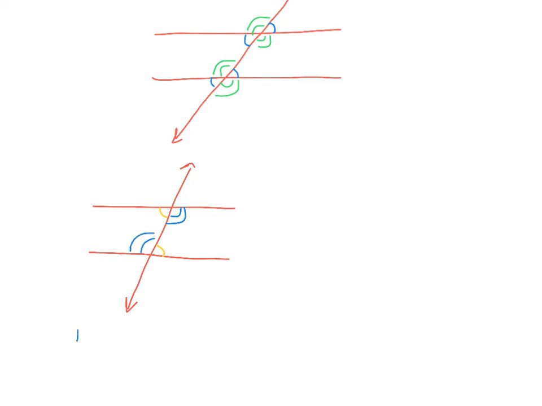Those are called alternate interior angles. They're both inside of these lines, and they lie on opposite sides. Alternate would be in alternate places. Another word to put that would be opposite sides.